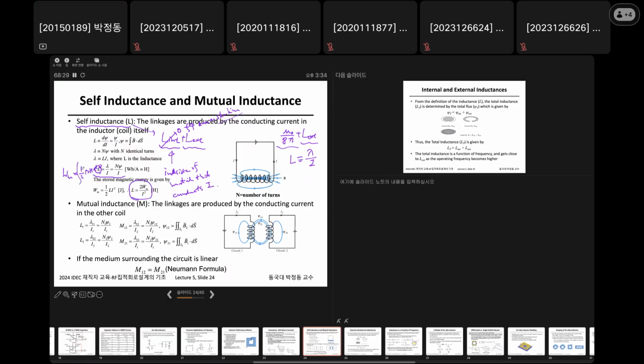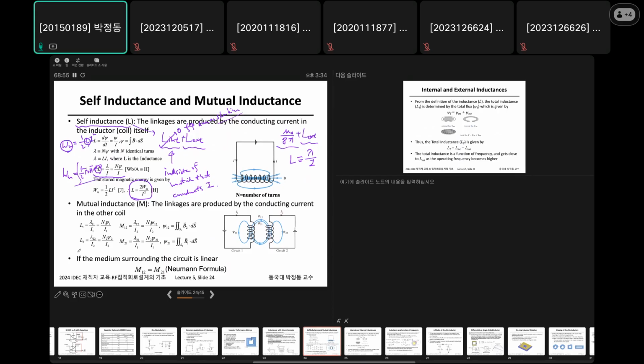We just get the stored energy from this result. This stored energy is actually one half L I squared. So once you get Wm, it's easy to get the inductance. That's typically how we get the inductance for a given structure.